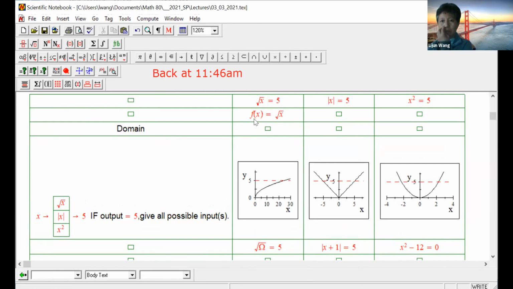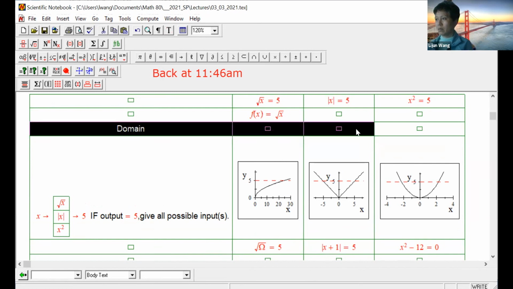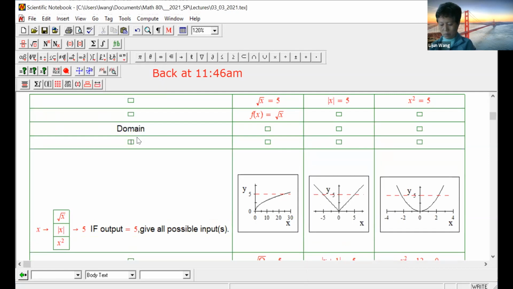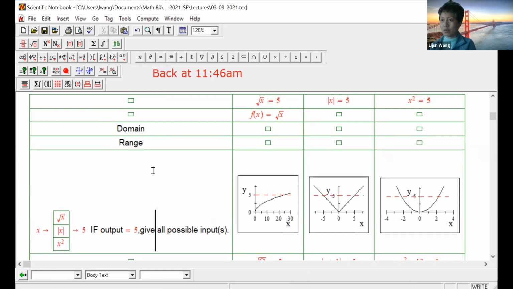What is the domain for square root of x? You can go back to your notes and find out. I'm waiting for your answer. What is the domain?